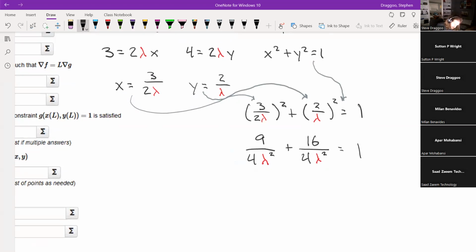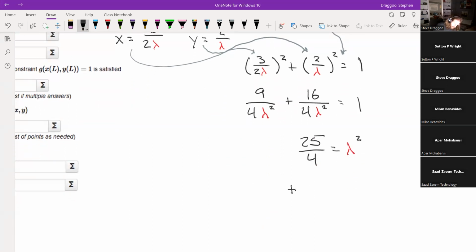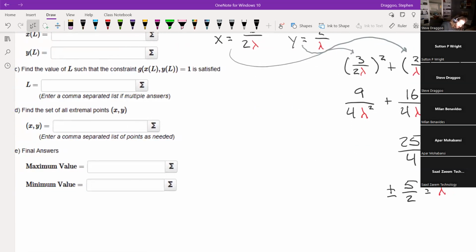This is 25 over 4 equals lambda squared, which means that plus or minus 5 over 2 is lambda. So positive 2.5 and negative 2.5.